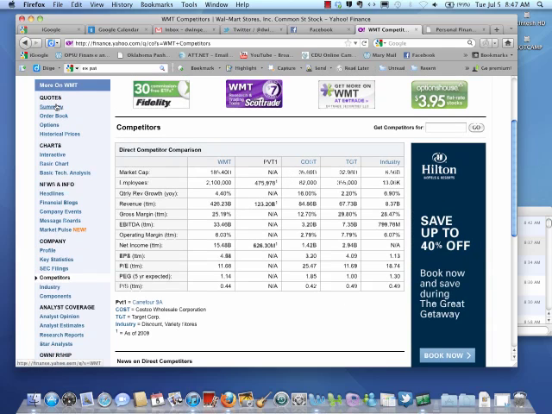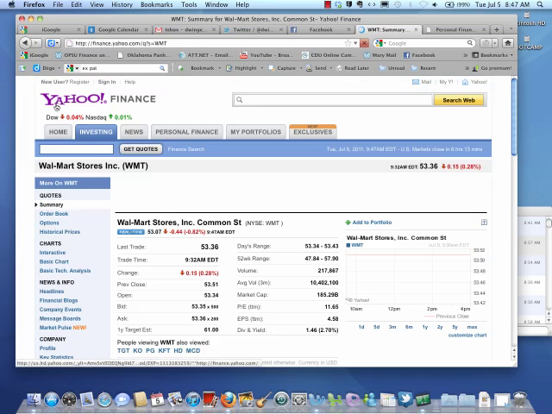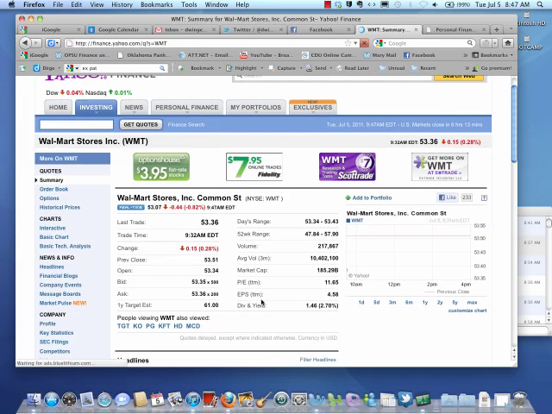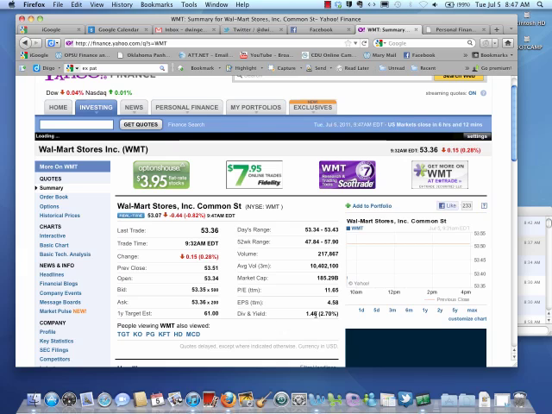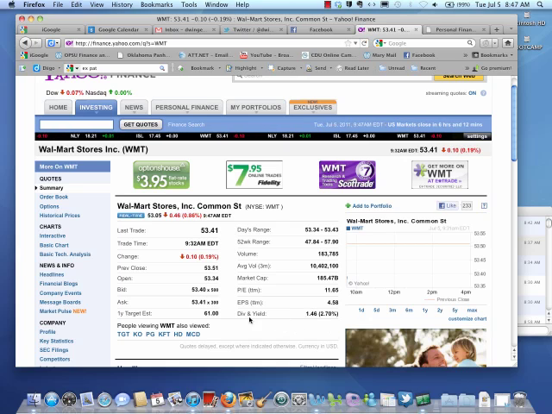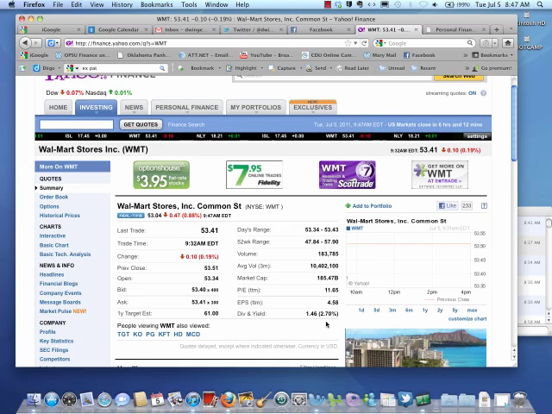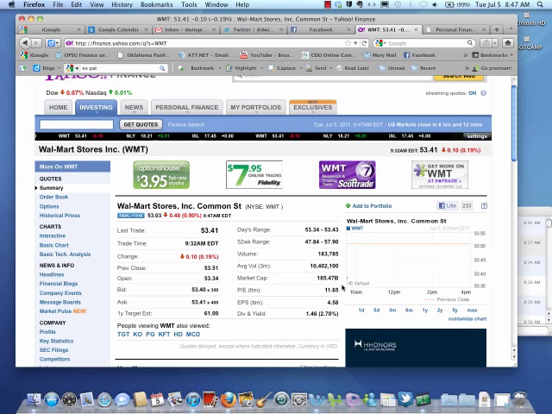Probably the easiest is to go back to the summary, and you have dividend is $1.46 and dividend yield is 2.7%. Market capitalization, you can find that on this page. It's 185.47 billion today. This is right now. It's trading as we speak.